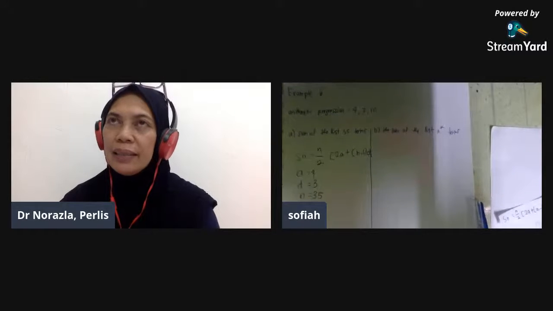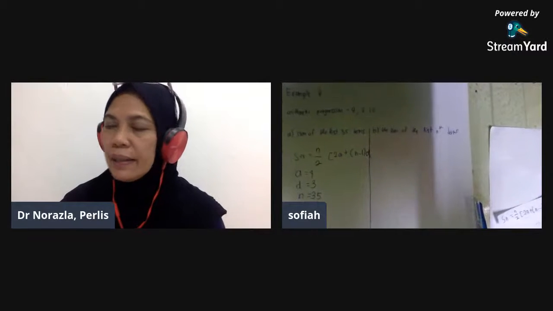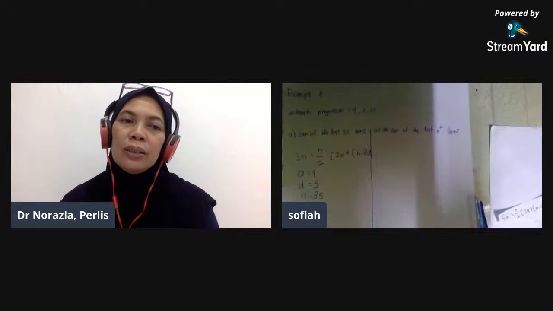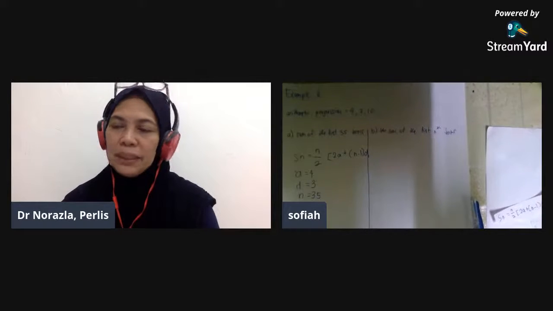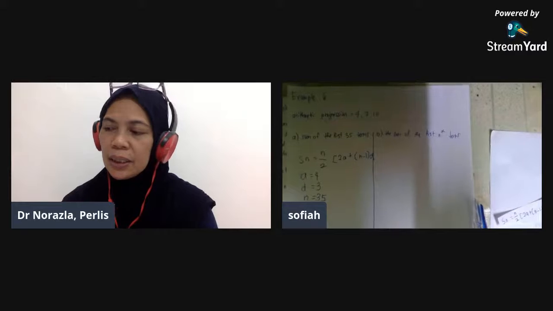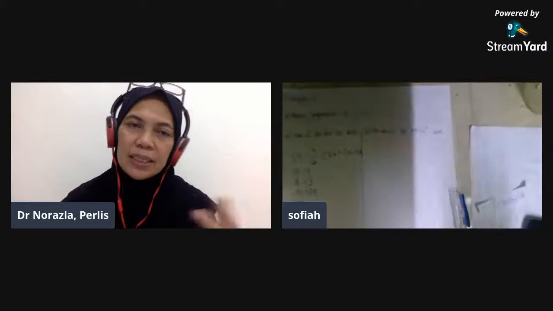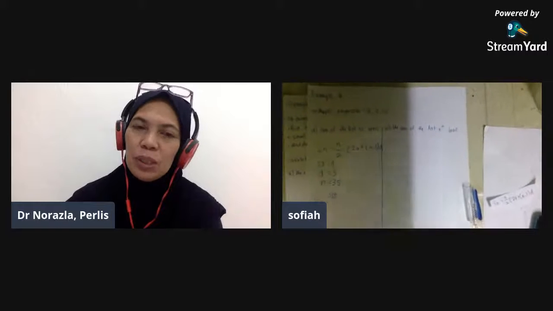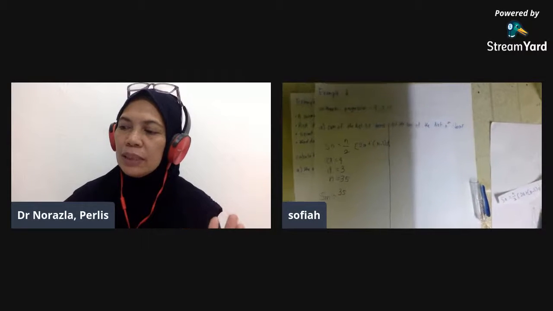We can get it from T2 minus T1 or T3 minus T2 to find the common difference. So tunjuk je lah, A sama dengan tu, tunjuk D, tunjukkan siap-siap. Just tunjuk je, you dah tulis siap-siap besar-besar. Macam tu.